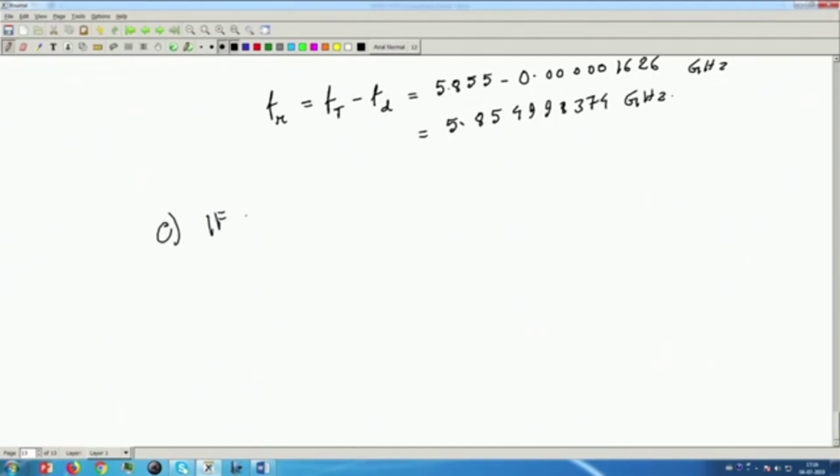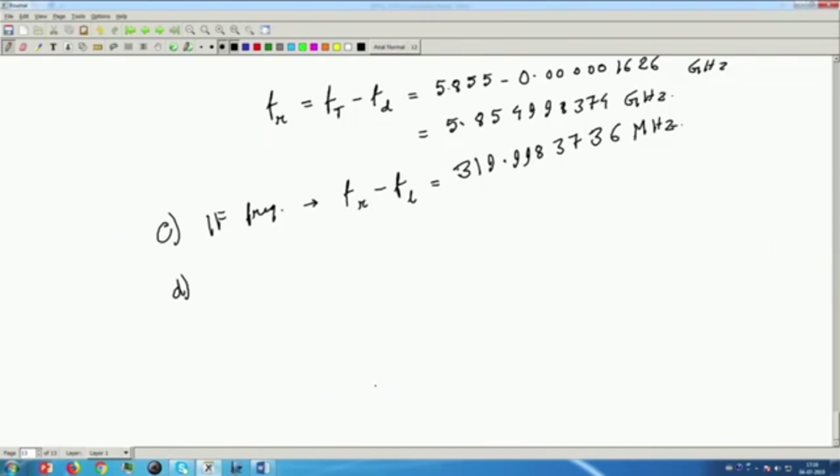The IF frequency is FR minus FL. FR is this, and FL you already know, 5.535. So if we do that, it will come to be 319.9983736 megahertz.